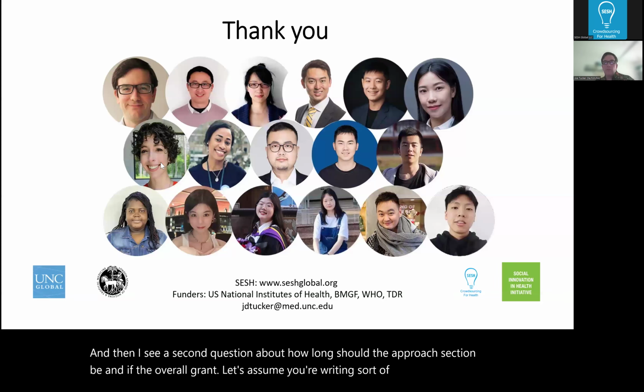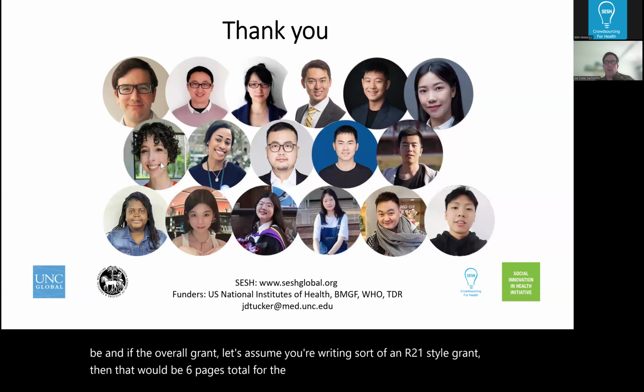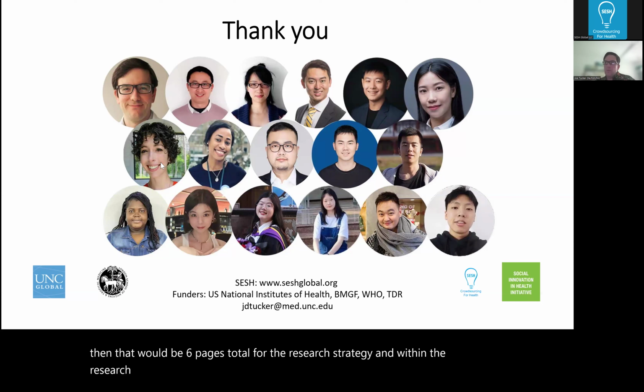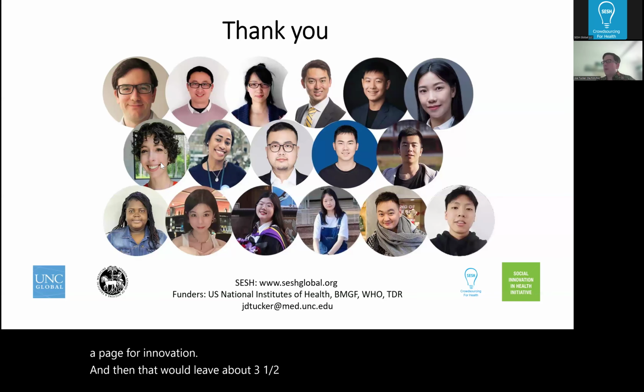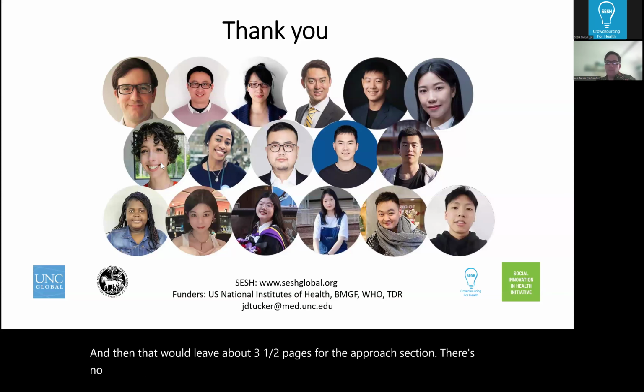Within the research strategy, you would usually have maybe 1 page for significance, half a page for innovation, and then that would leave about 3.5 pages for the approach section. There are no hard and fast rules about the length of each of those sections. I'm just giving you a rough approximation.